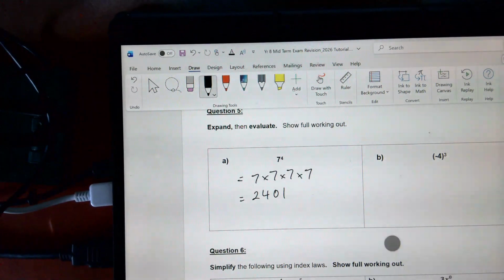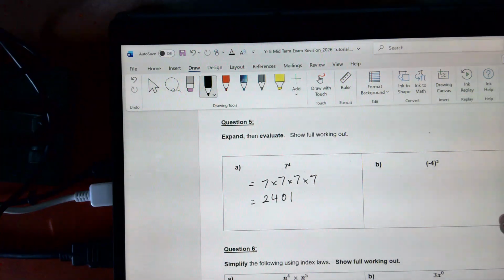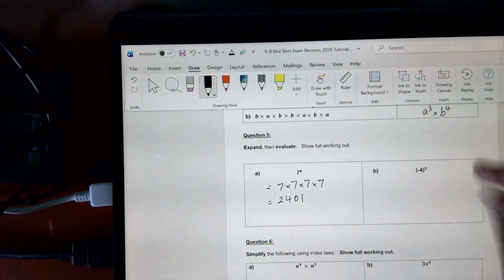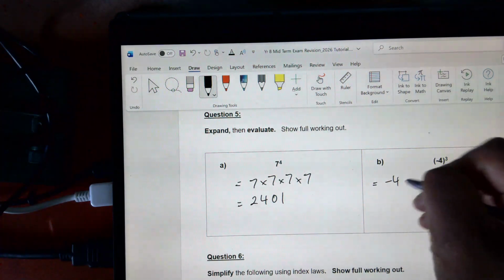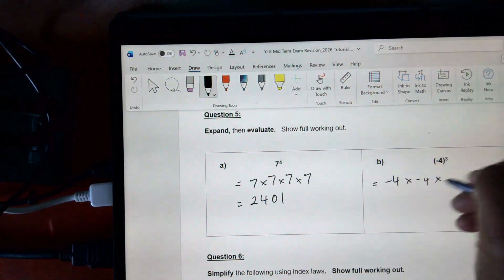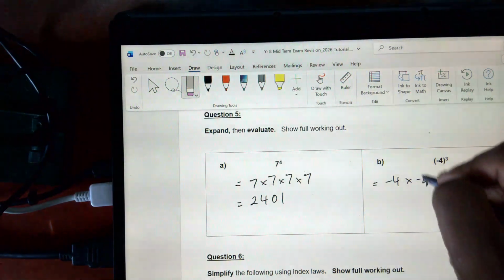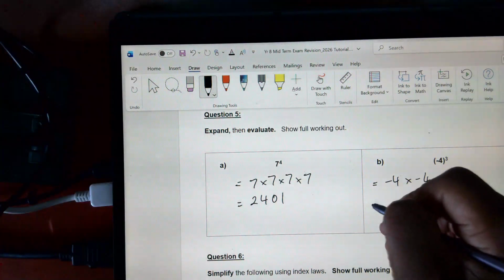For the next one, we've got minus 4 all cubed. So here the number that we're multiplying is negative 4 by itself. So it's negative 4 times negative 4 times negative 4. Alright.